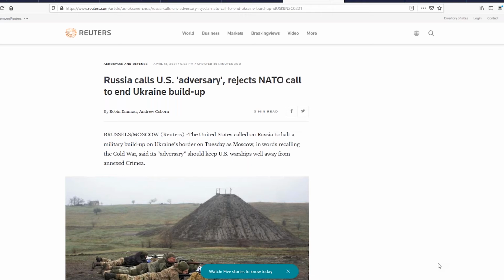Russia is maybe having a military buildup near Ukraine, and they say they're not going to listen to the US's call to stop it. If you remember a while back, Biden called Putin a killer, and Putin responded and challenged him to a live debate, which Putin obviously thinks Biden couldn't handle without cue cards what to say.